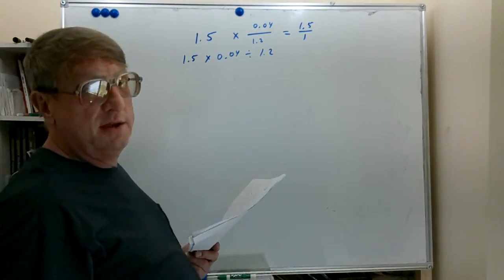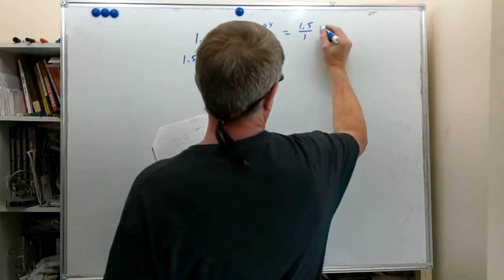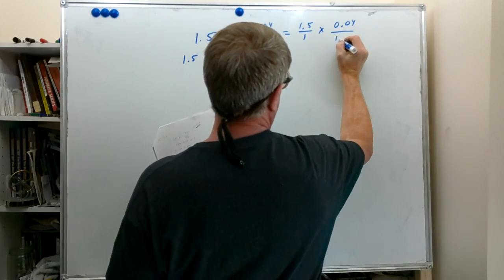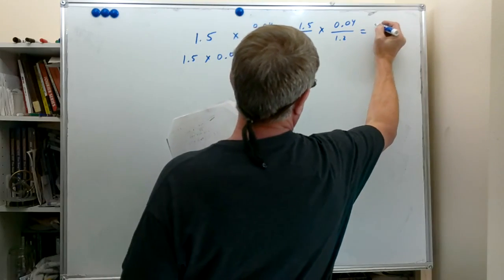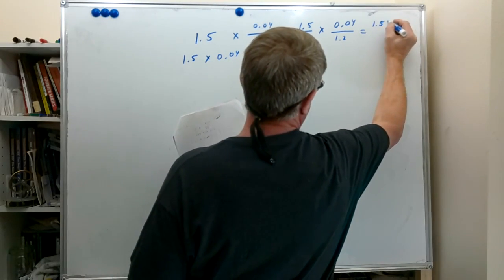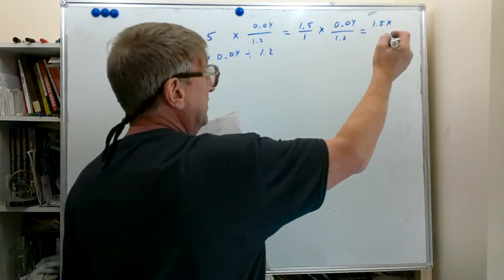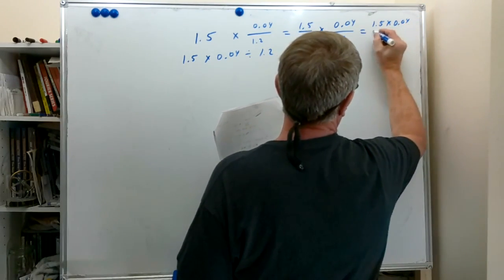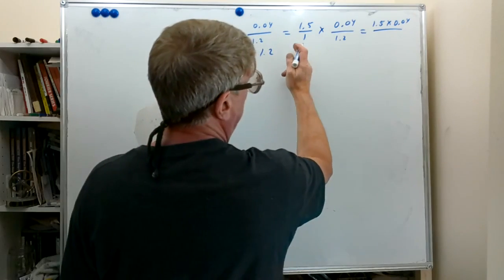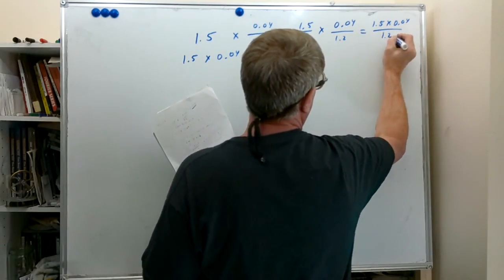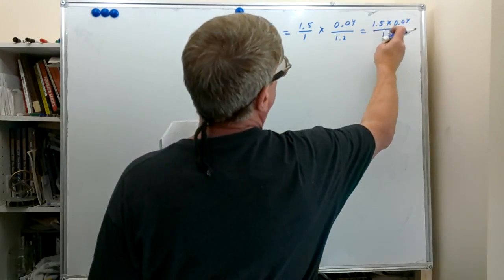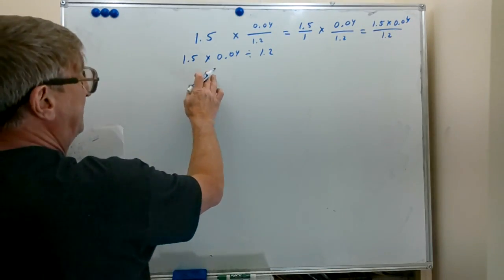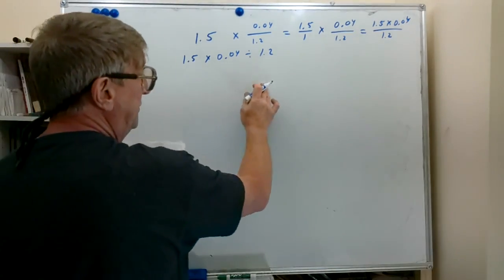We can always put a number over 1 to convert it to a fraction, times 0.04 over 1.2, which basically becomes 1.5 times 0.04, multiplying across the numerators, over 1 times 1.2, multiplying across the denominators, which is just 1.2. So we have 1.5 times 0.04 divided by 1.2.